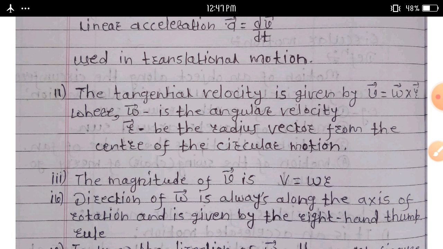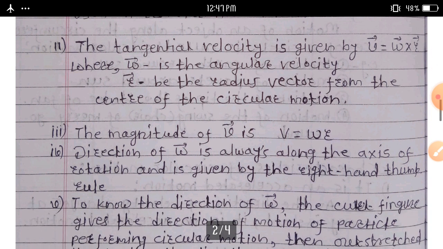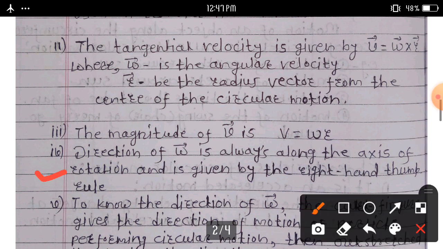Fourth, the direction of omega is always along the axis of rotation and is given by the right hand thumb rule.